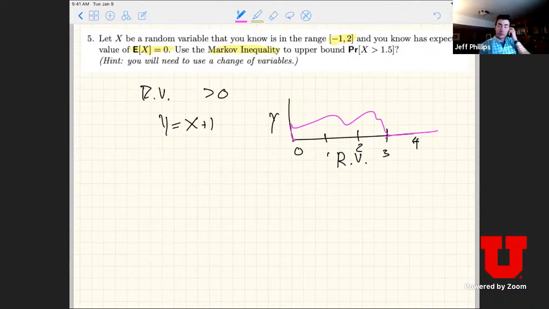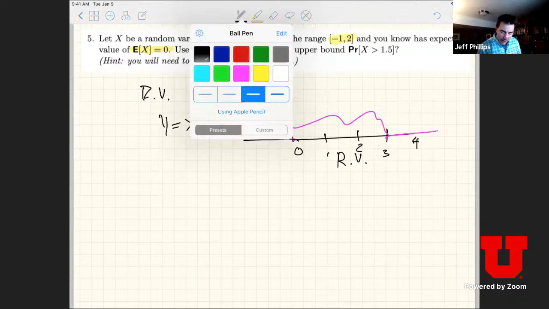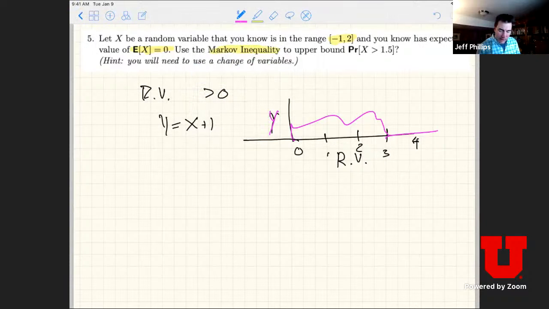It's now between 0 and 3. If I did the same thing for x, it would be the same thing but shifted, up to -1. I just know the range here.